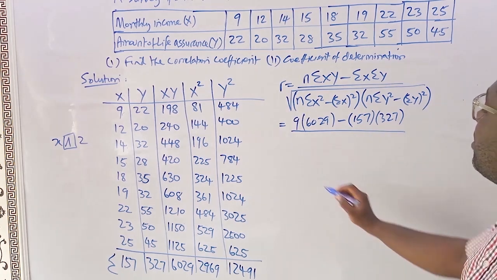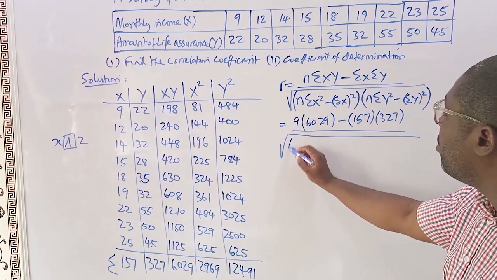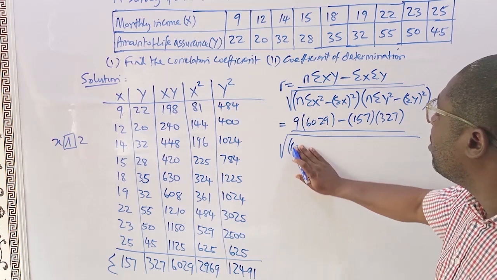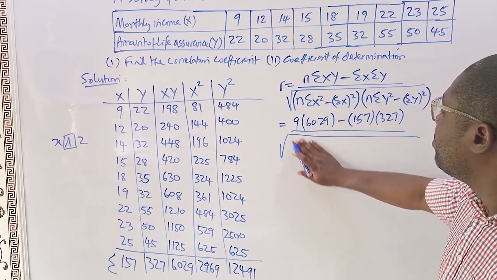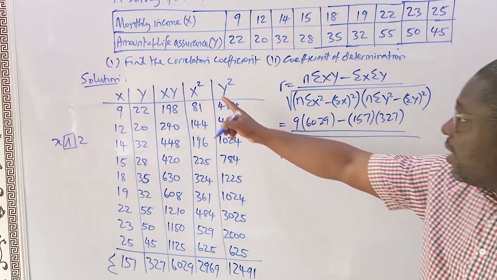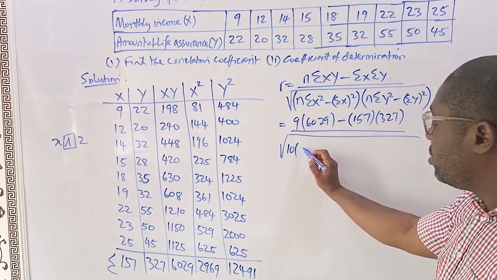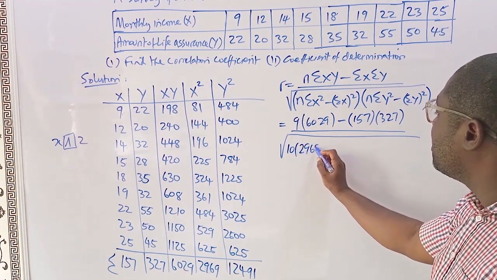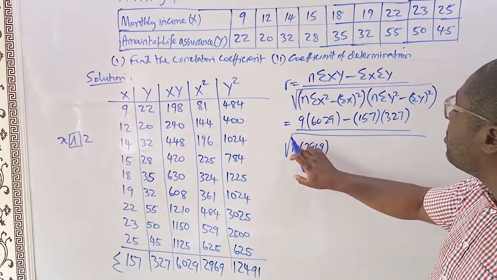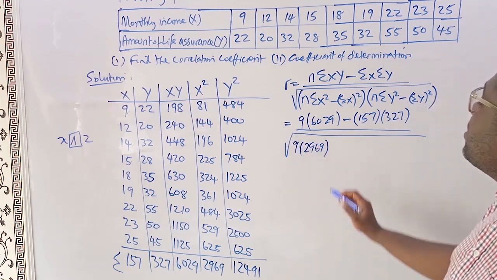Divided by the square root, it's a long one, the square root of open brackets, let's say 9 times summation x squared. This is summation x squared, which is 2969. Here should be 9. 9 is n.